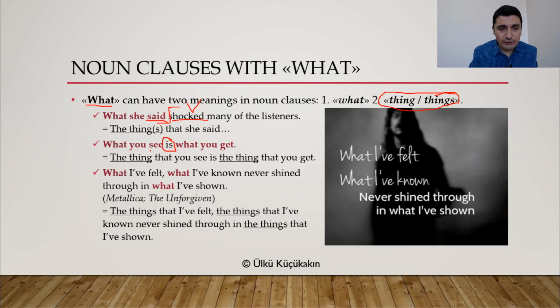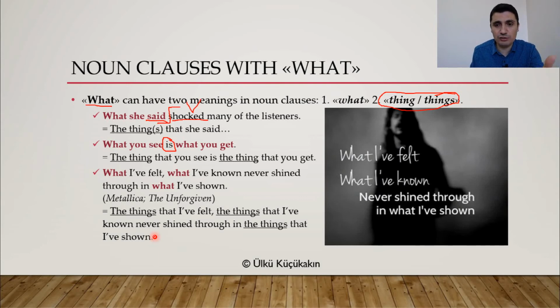All right, so here the song says, the things that I've felt, the things that I've known, never shine through in the things that I've shown. So actually this song is full of noun clauses. Almost all the lyrics are full of noun clauses.